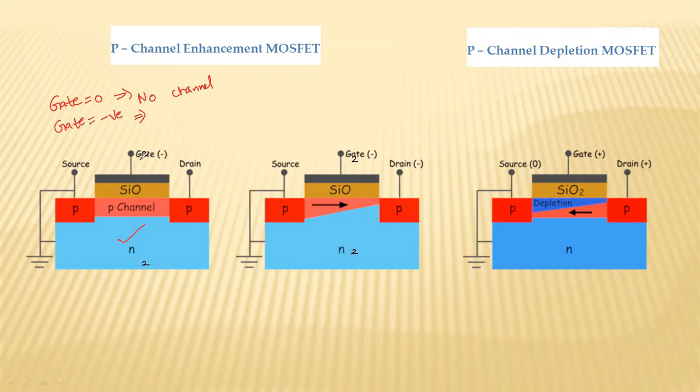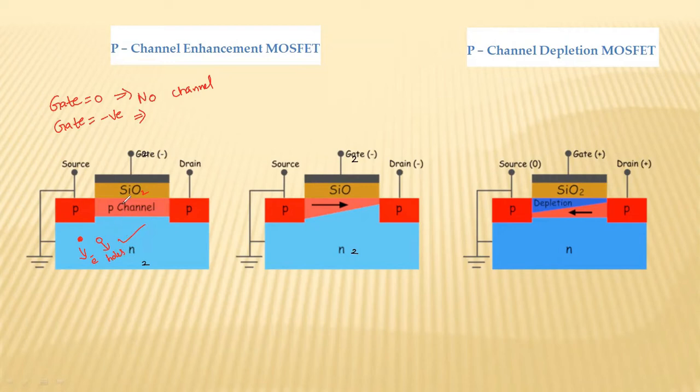When we apply negative voltage at the gate, positive charges will be accumulated near the silicon dioxide layer. Between the source and drain, this is N-type material in which electrons are the majority carriers and holes are the minority carriers.